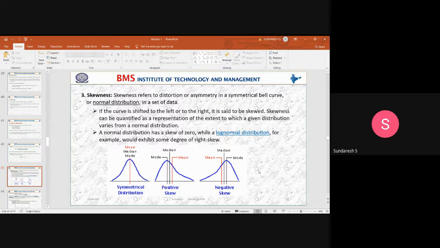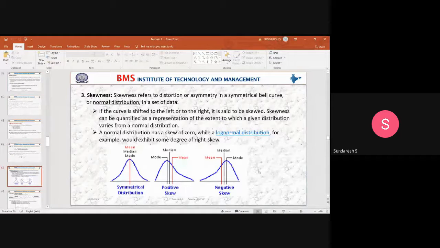It is a value that can be positive or negative or even undefined. You can get these in different ways, right? So therefore, skewness refers to the distortion or asymmetry in a symmetrical bell curve or normal distribution in a set of data, right? Here, the quantitative interpretation of skewness is very complicated, right?